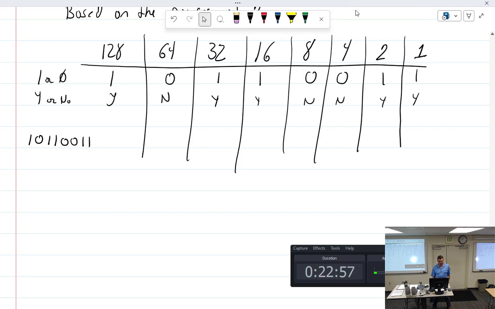So if we have a 128, we're going to give ourselves 128. We have a 64, nope. 32, yes, 32. 16, yes. 8, no. 4, no. 2 is yes, so we get a 2 and then a 1. And then we just add it all up. So 128 plus 32 plus 16 plus 0 plus 0 plus 2 plus 1 equals? 179. That number is 179 in binary.